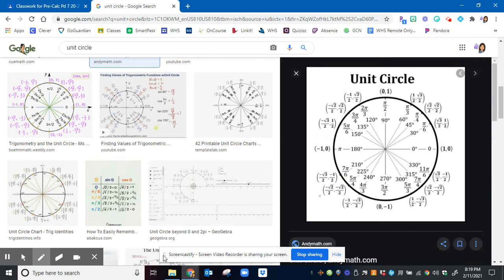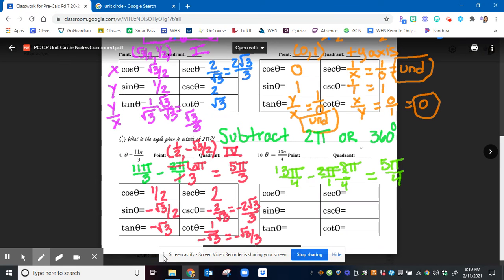So 5 pi over 4 is right here in the 3rd quadrant. Point is the same. So here's 3rd. So since it's in the 3rd, I know both of them are going to be negative. And it takes me longer to write this down than to talk. All right, so cosine is going to be negative radical 2 over 2, which is going to be the same for sine.